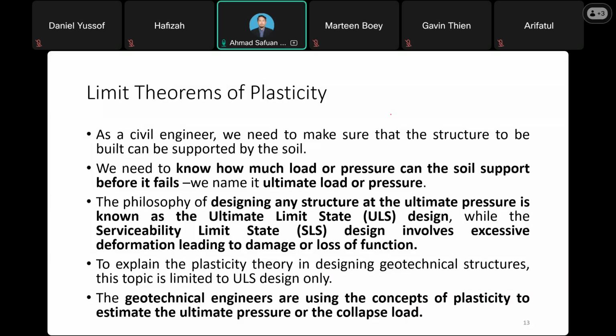As an engineer, we need to make sure that the structure to be built can be supported by soil. For example, let's say this is the schematic diagram.